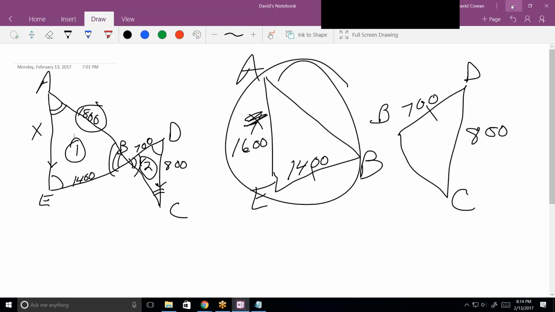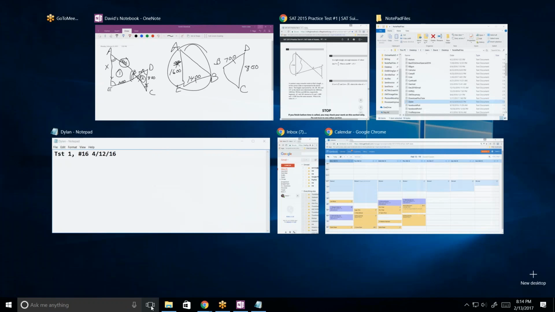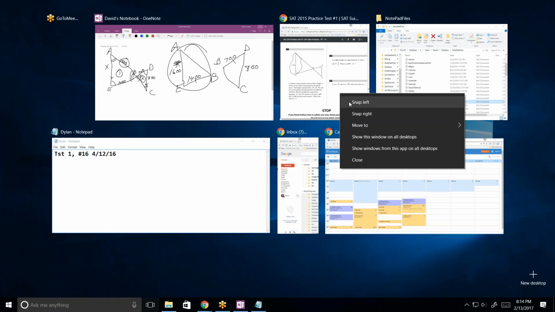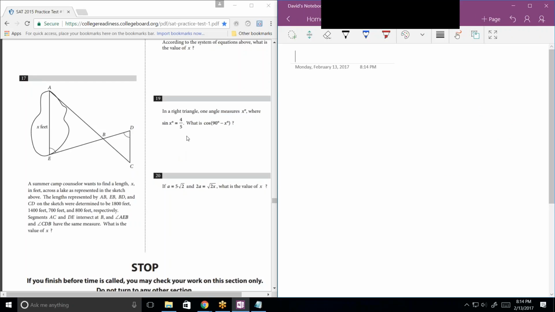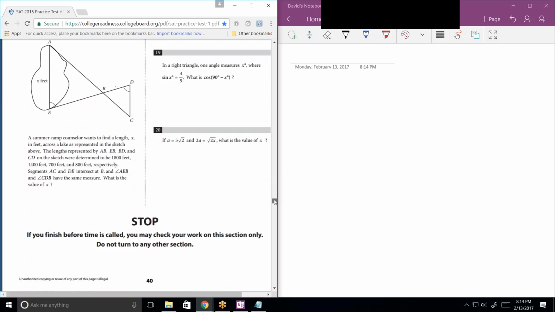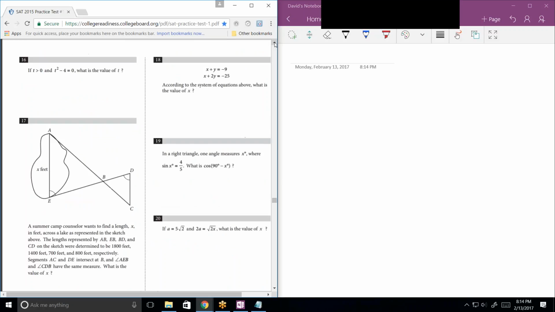Which they do in the SAT test, is they give you a lot of information sometimes that you don't really need. And you kind of have to be able to eliminate it from your thinking, because otherwise it can really screw you up. And this is not the multiple choice part of the test.